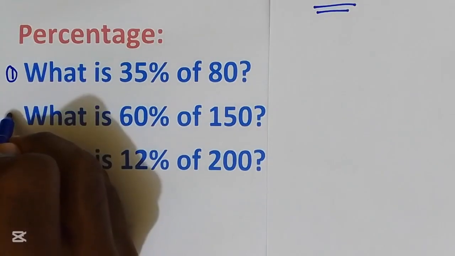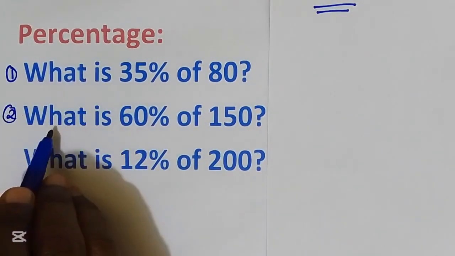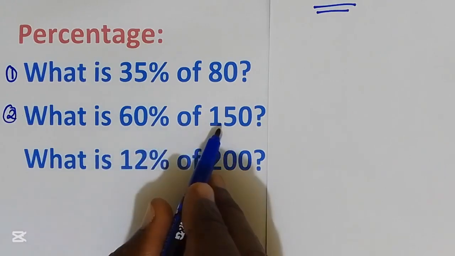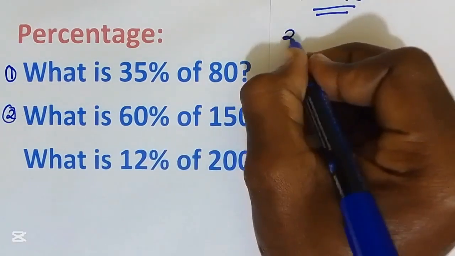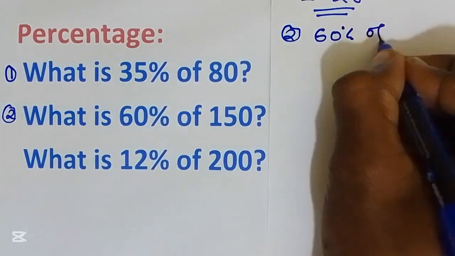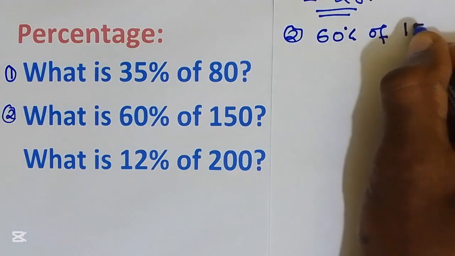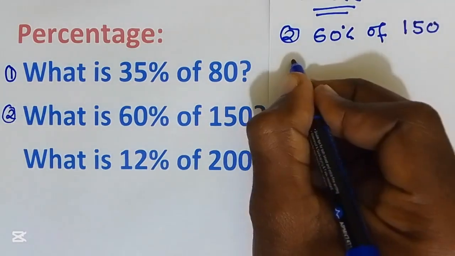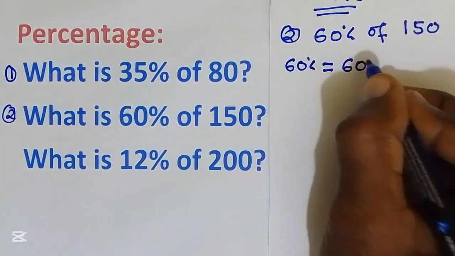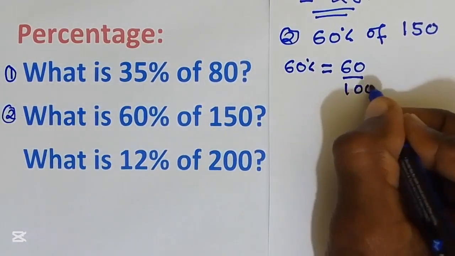Let us do question number 2. What is 60% of 150? So let's do question number 2. They want 60% of 150. 60%, this is equal to 60 out of 100.